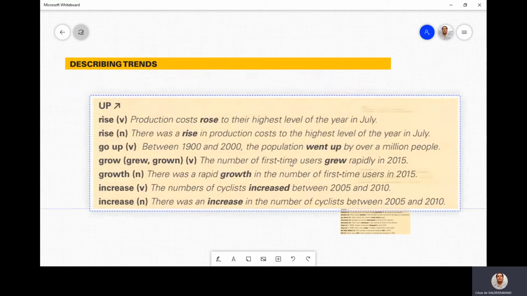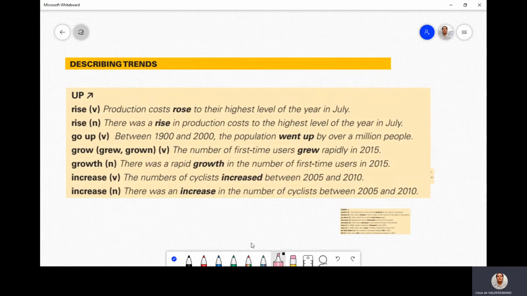And we find the vocabulary here. We have rise. In the simple past it is rose, remember? This is the verb rise, and we have rise as a noun.